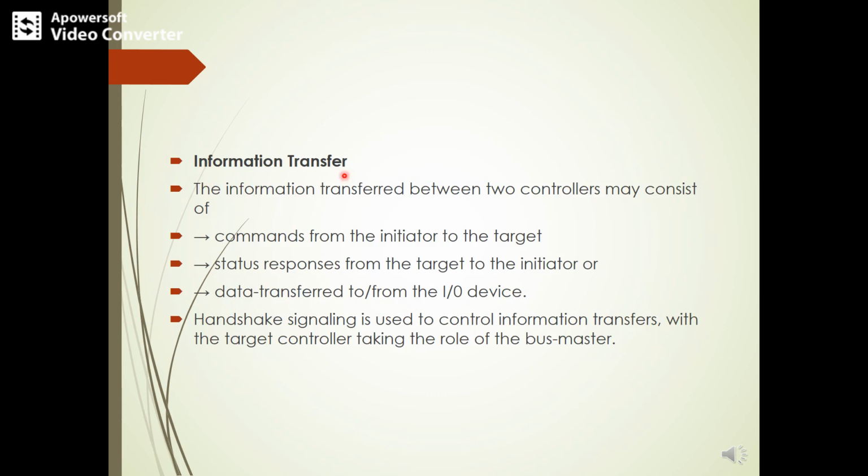Next comes the information transfer, that is the exchange of information. The information transfer between two controllers may consist of commands from the initiator to the target, status responses from the target to the initiator, or data transfer to or from the IO devices. Basically, the commands from the initiator to the target say what kind of operation is to be performed, read or write.